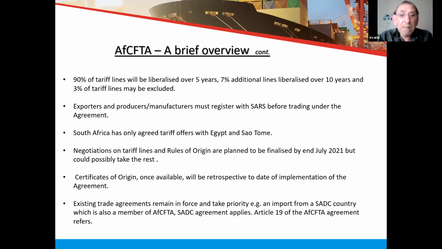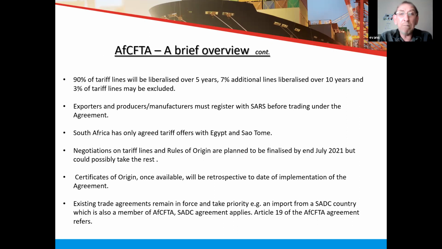At the moment, as it stands, South Africa has only agreed tariff offers with Egypt and Sao Tome. Now, that means that under this entire agreement, South Africa can only trade with Egypt and Sao Tome. Those are the only two countries where we've agreed on which tariff headings to amend duty-wise and what the rates of duty will be between those countries.